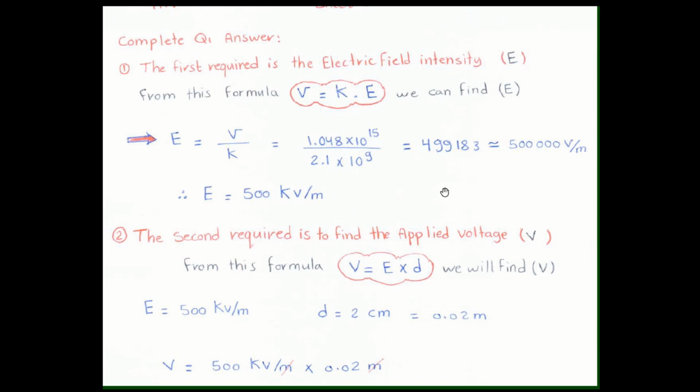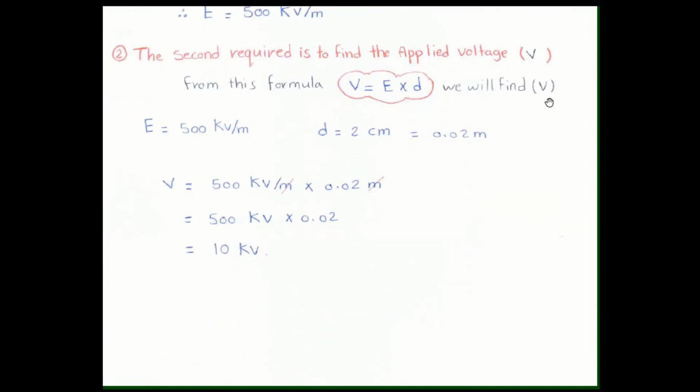Let's move on now to the second required, which is to find the applied voltage. From this formula, the applied voltage is equal to E into D, where E is the electric field intensity and D is the distance, which is the diameter.